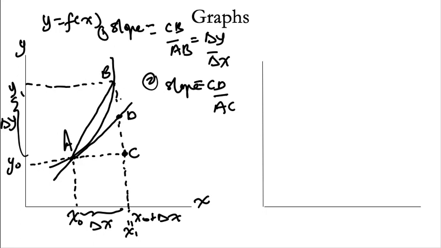So what happens here is that when line AB moves down to line AD, you can see that initially AB, the change in x is between x0 and x1, or x0 plus change in x, isn't it? But because now AB has been replaced by AD, the change in x now approaches 0 or almost 0 here, isn't it?